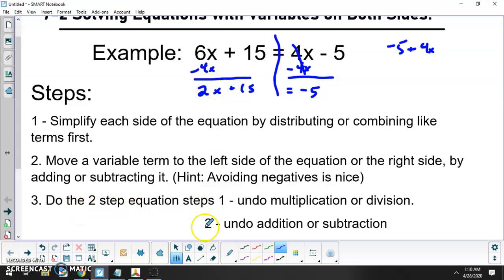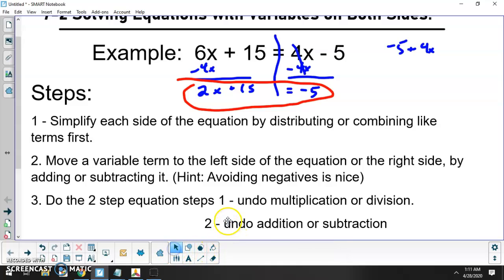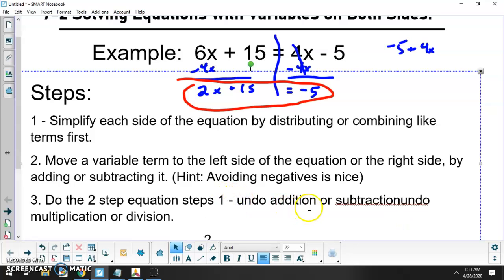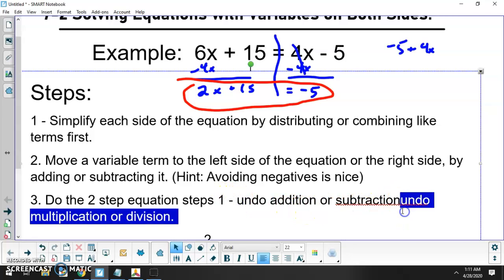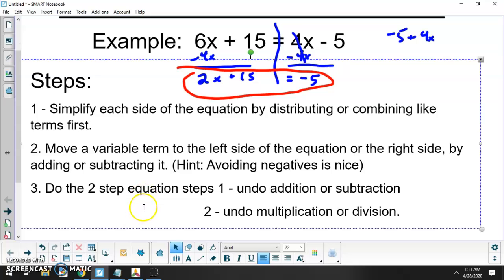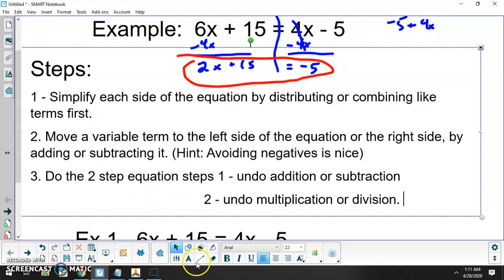Here's the classic two-step example where you need to undo, oh boy, I better fix this in a hurry here before you guys fire me. You need to undo addition or subtraction first and then undo multiplication or division next. So hopefully you weren't confused by that.